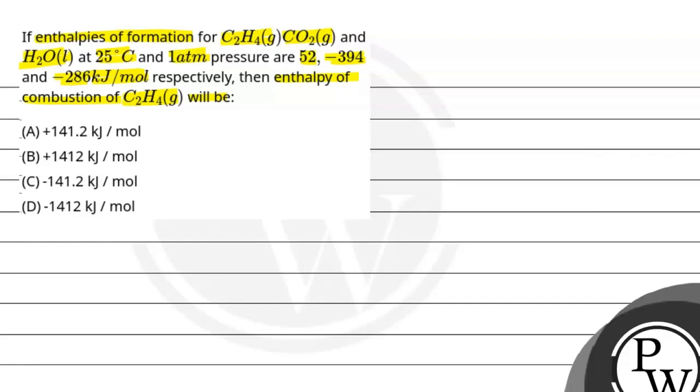So let's first understand the key concept involved in this question. So जो key concept involved हुआ है, it is using enthalpy of formation, which is represented by delta HF, enthalpies of formation values.